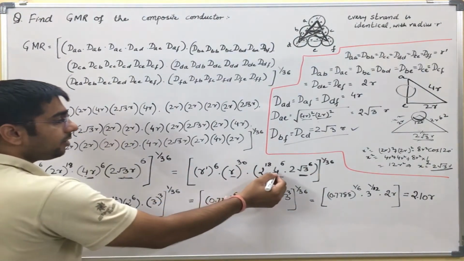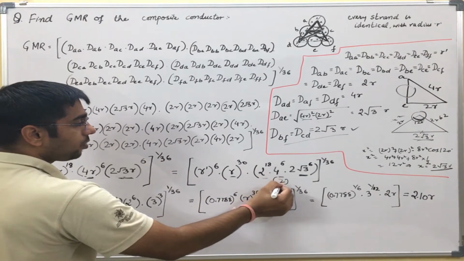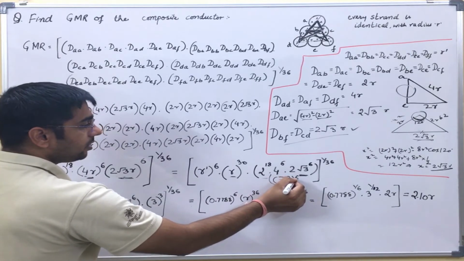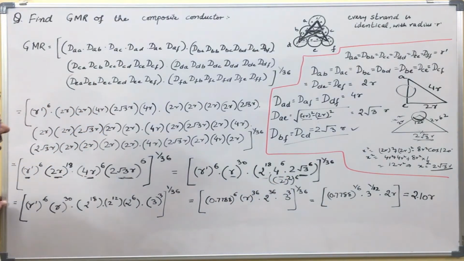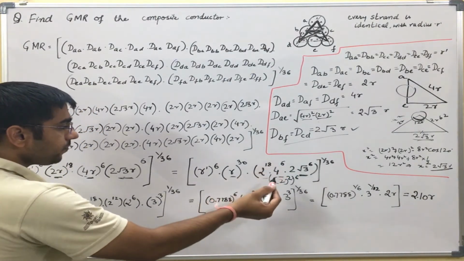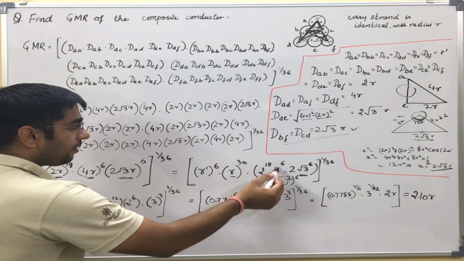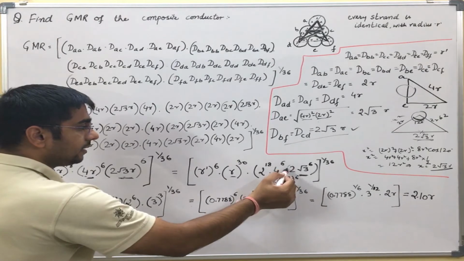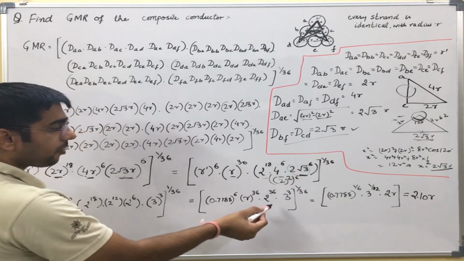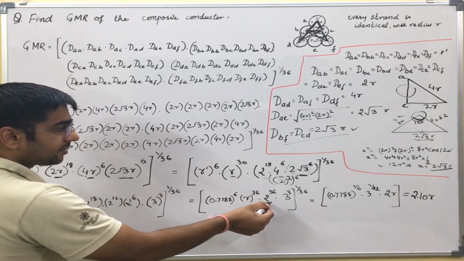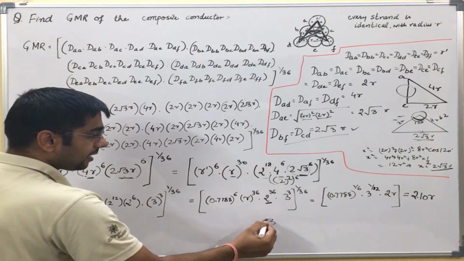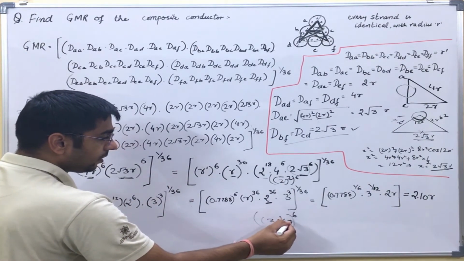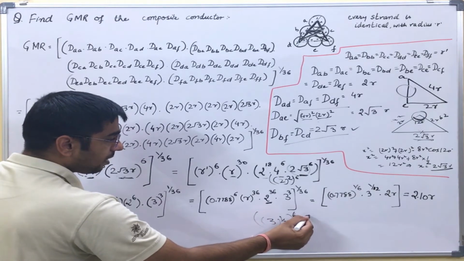Now I can write 4 as 2 raised to power 2, and with its own power 6 it will be 2 to the 12. So the total power of 2 will be 2 raised to power 30, with 18 plus 12 and 6 from this, so 2 raised to power 36, and 3 is having power 1 by 2 and its own power 6, so this will come out to 3 raised to power 3.